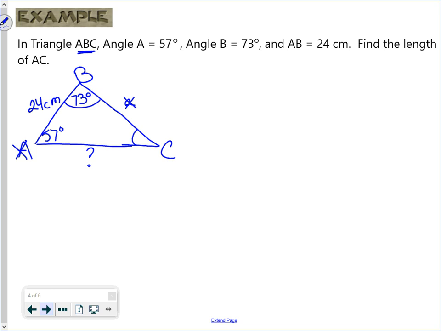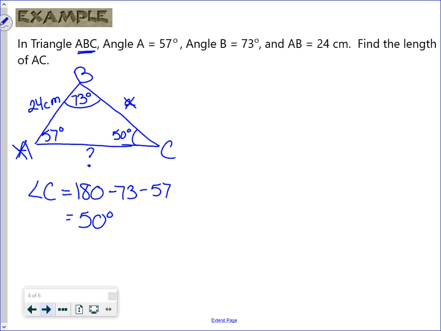So first we have to find angle C. And again, we know how to do that. We'll take 180 degrees, subtract 73, and subtract 57. So when we do that, we end up with 50 degrees. So angle C is 50 degrees.